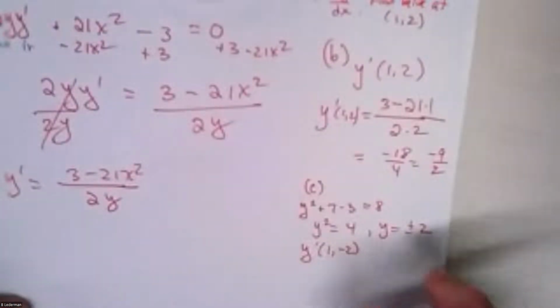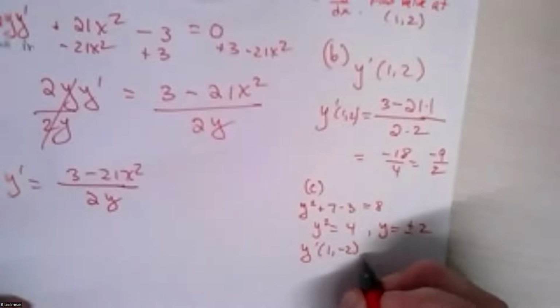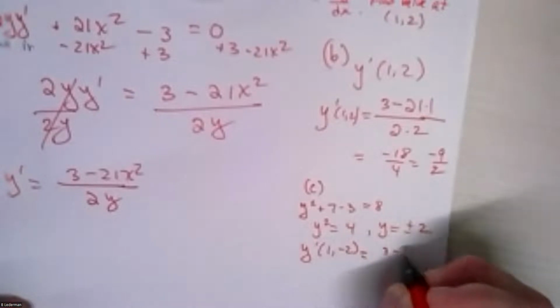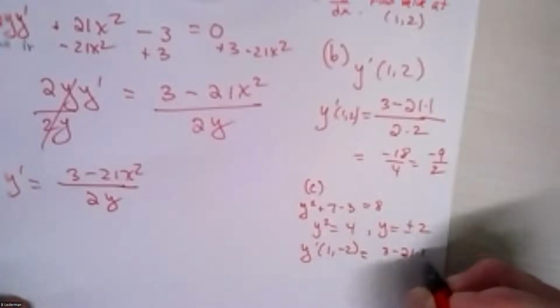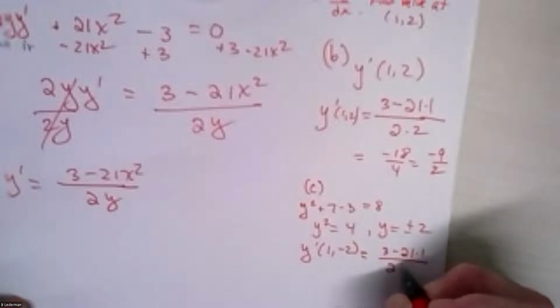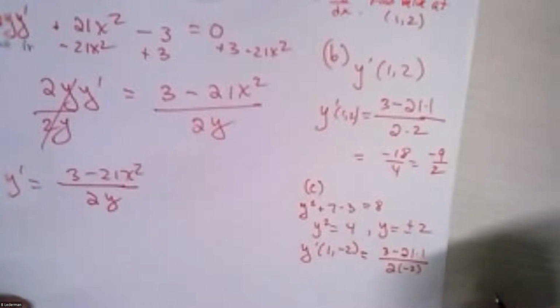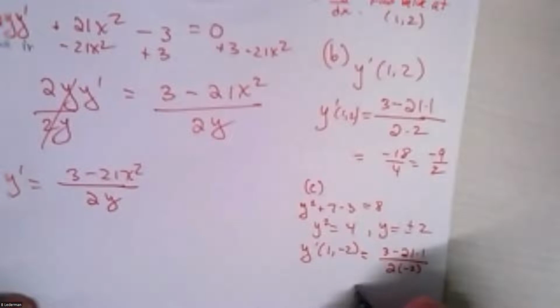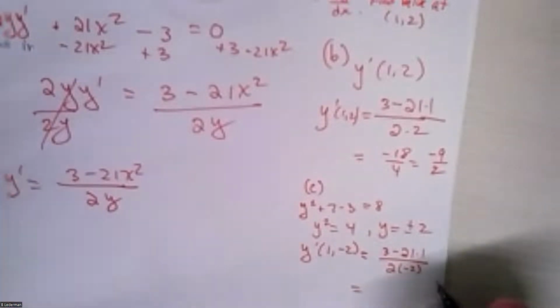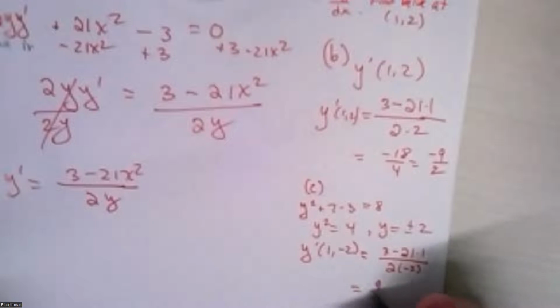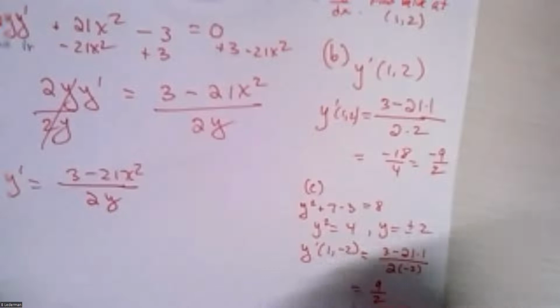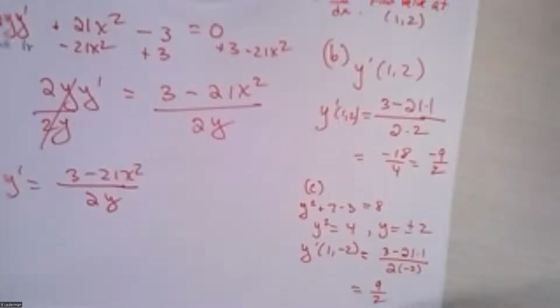When I plug in negative 2, this is just going to equal (3 minus 21 times 1) over (2 times negative 2). That's basically the same answer as before, only now it's positive: positive 9 over 2. And that's my y prime at (1, negative 2).